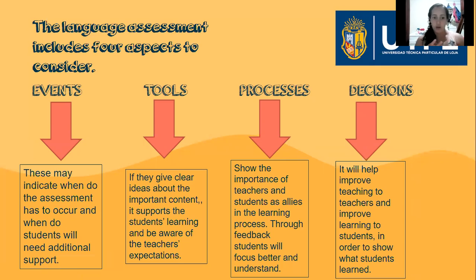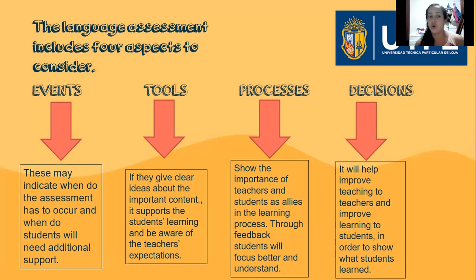Maybe not assessing all the time. Maybe assessing all the time is not helpful for students, but knowing when to use this assessment will be very important in order to have better results. And according to that, we will be aware of when students will need additional support.